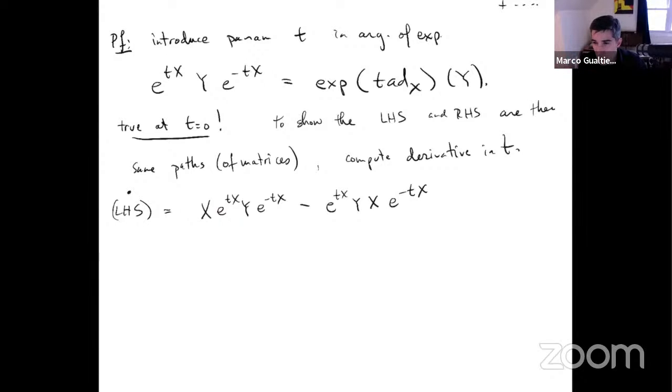That would be a path of matrices, which at t equals 0 is just 0, and you could prove that these two commute by this type of argument. But never mind, I'm claiming that it's obvious that they commute because of the power series. So this is the same thing as e to the tx x y e to the minus tx minus e to the tx. Well, then I can combine them.